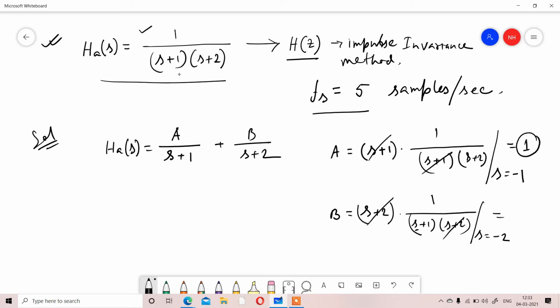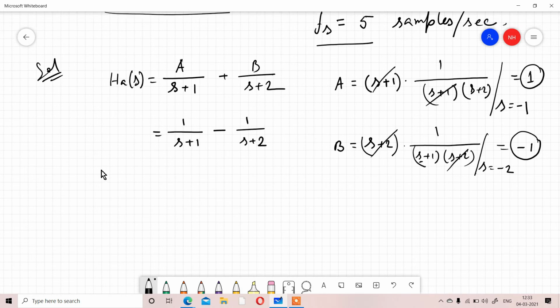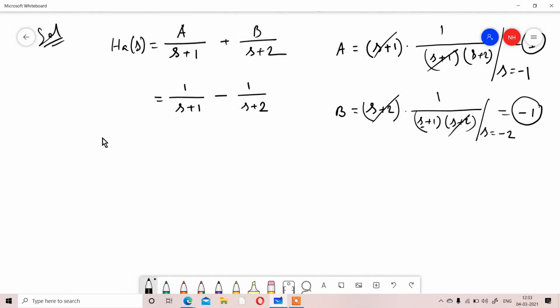So 1 by minus 1 will be minus 1. So the values of a and b we are getting are plus 1 and minus 1. So obviously it will be 1 by s plus 1 minus 1 by s plus 2. So simply we have divided the equation into two parts.